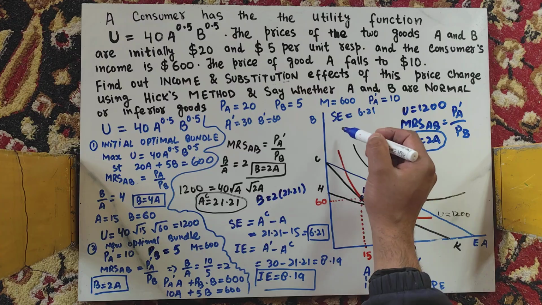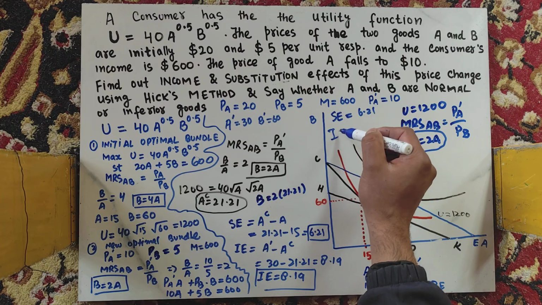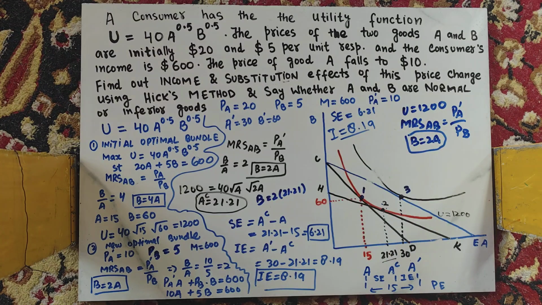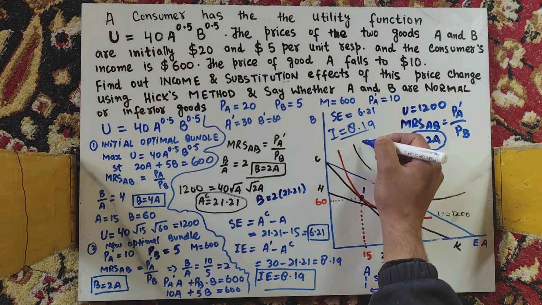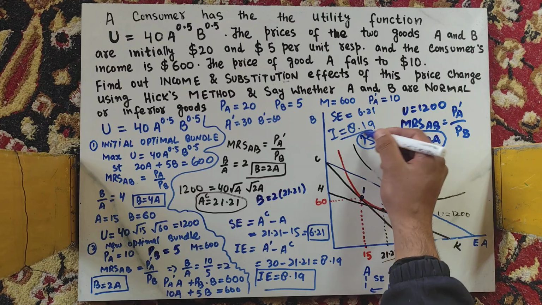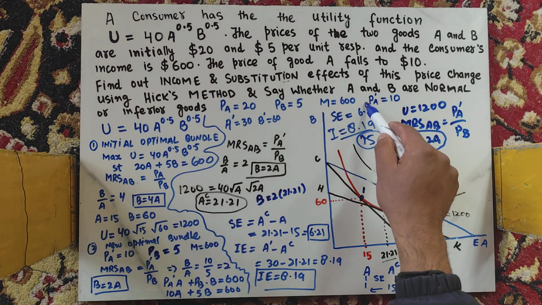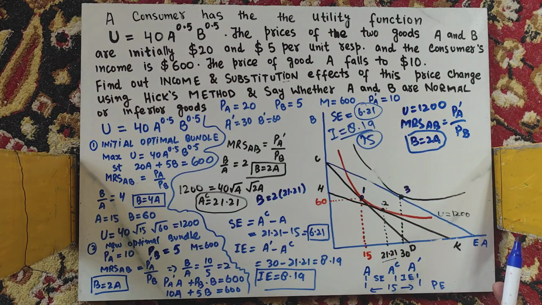So the substitution effect is 6.21 and the income effect is 8.19, which should sum up to 15. So the 15 units of change in quantity is decomposed into the substitution effect, about 6 units, and the income effect, almost 8 units.